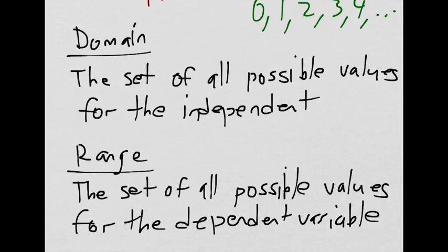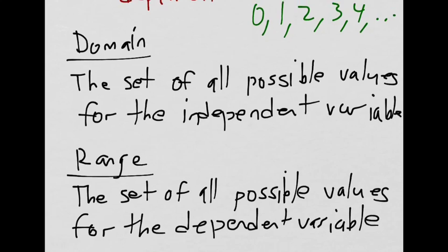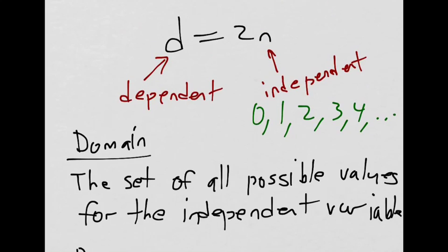I can see I forgot the word variable here. In the frog instance, the range would be all the possible numbers that d could be. Some examples would be 0 if the frog hasn't gone anywhere, 2 after 1 jump, 4 after 2 jumps, 6 after 3 jumps, 8 after 4 jumps, and so on. Again, that isn't the entire range, but it gives you a sampling of some of the numbers in the range.